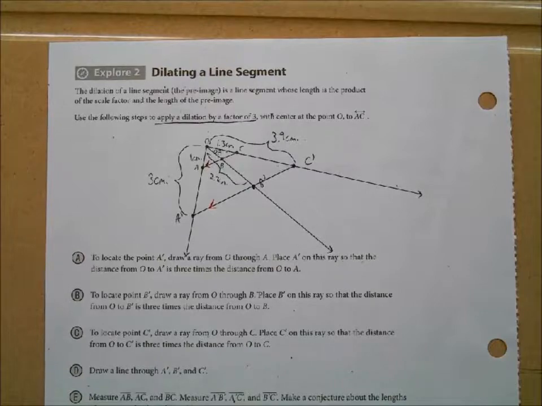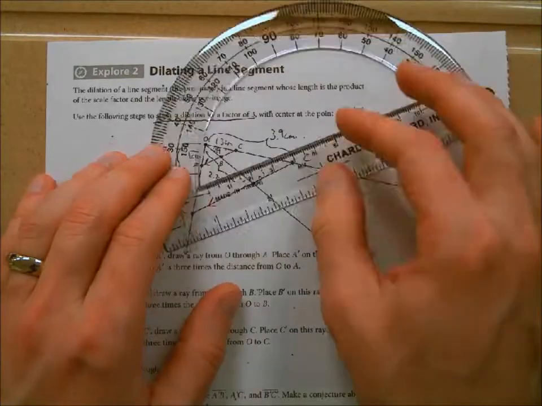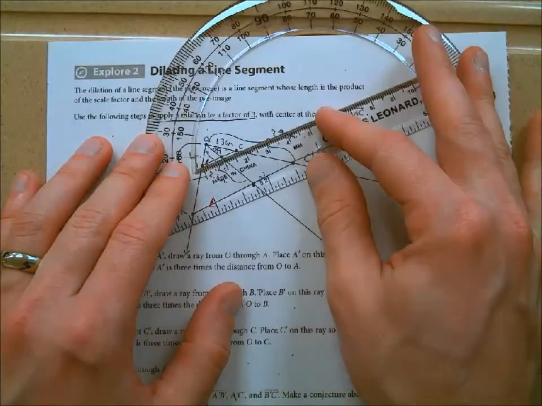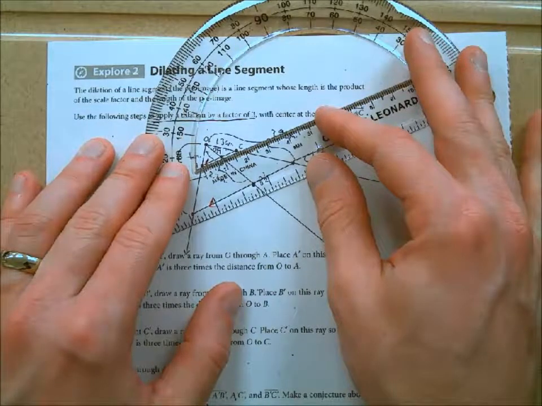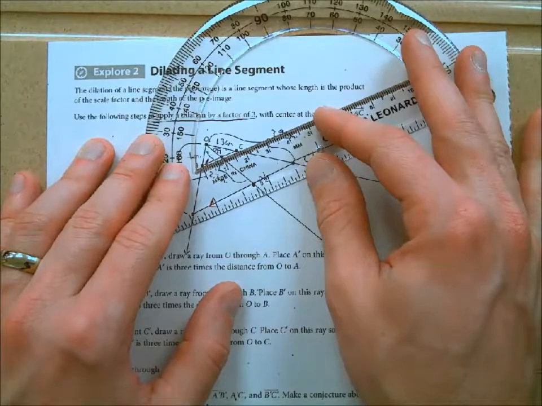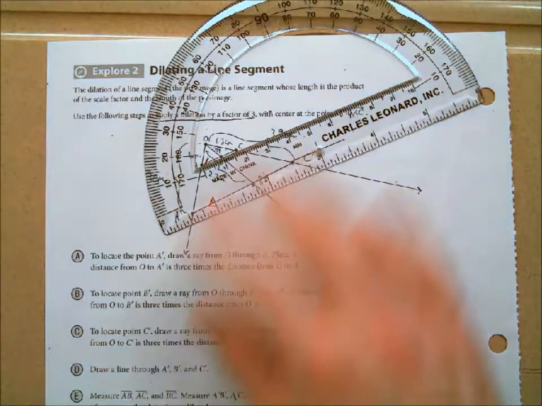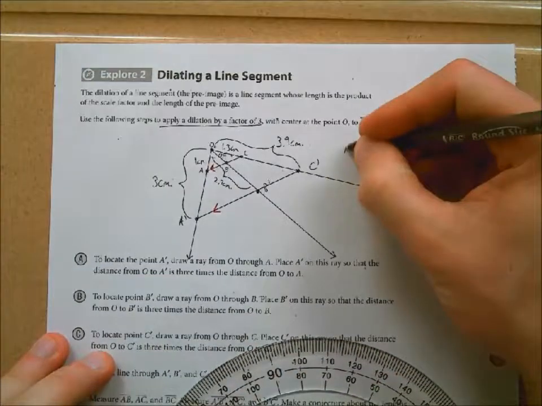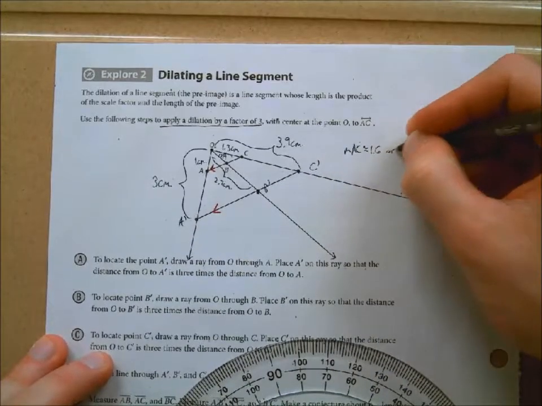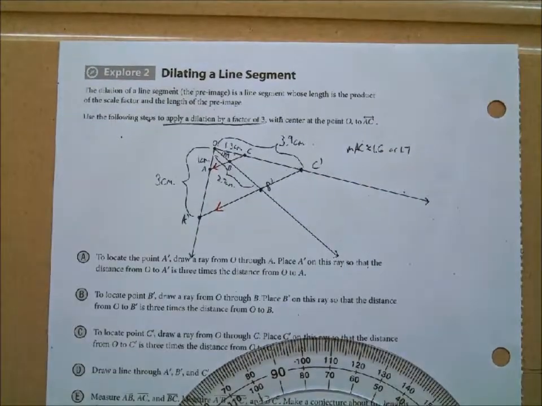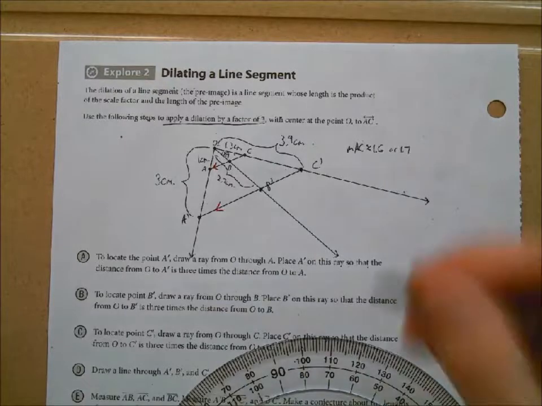Let's check to see if the segments are in fact 3 times as long here. So here I get about 1.6, 1.7, something like that. So 3 times 1.6 or 1.7 should be about 4.8 or 5.1.